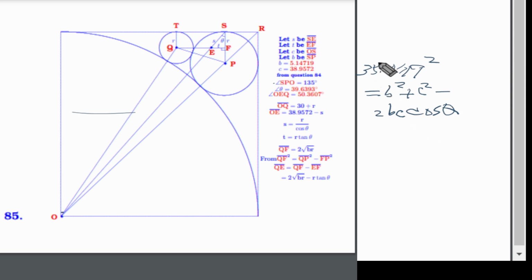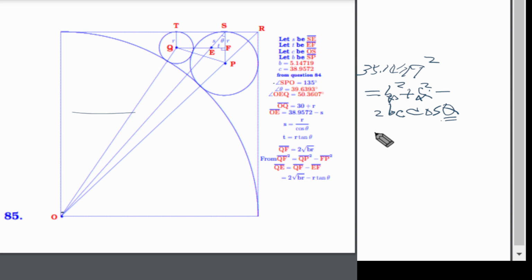Now we know B is 5.14719 and C was 38.9572, and the only unknown is theta. We replace and calculate.